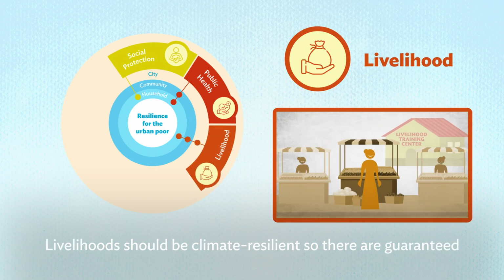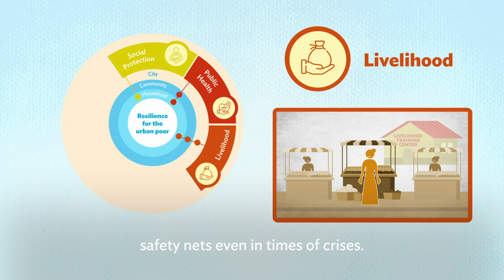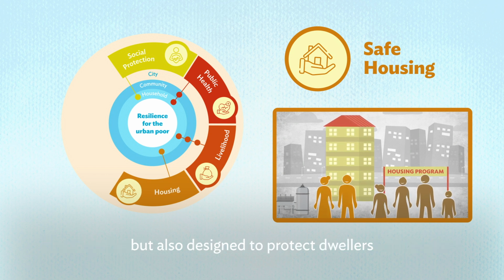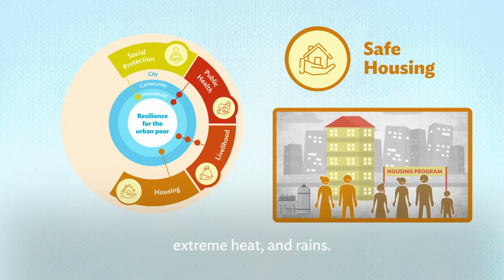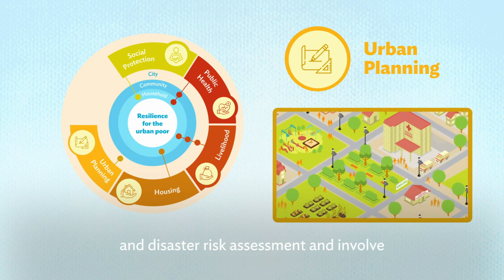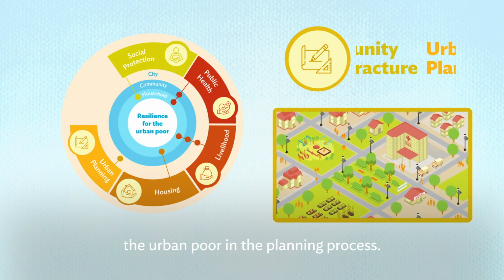Livelihoods should be climate resilient, so there are guaranteed safety nets even in times of crises. Housing should not only be built away from hazard-prone areas, but also designed to protect dwellers from climate risks such as flooding, extreme heat, and rains. Urban planning should integrate climate and disaster risk assessment and involve the urban poor in the planning process.